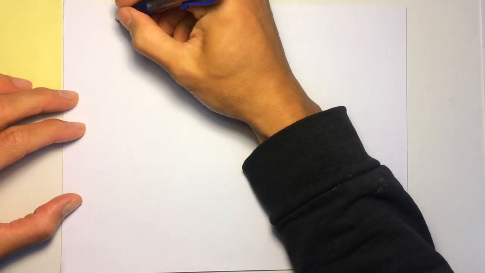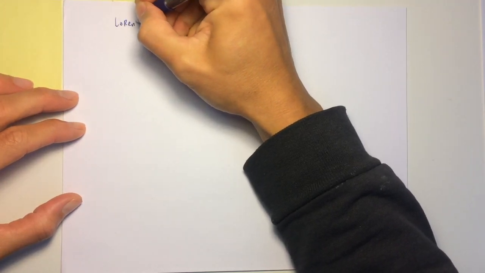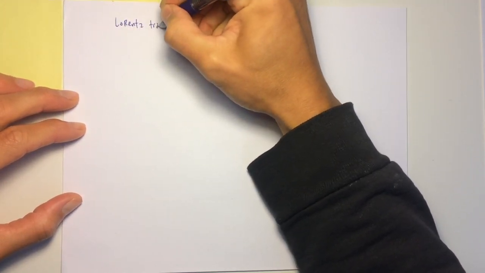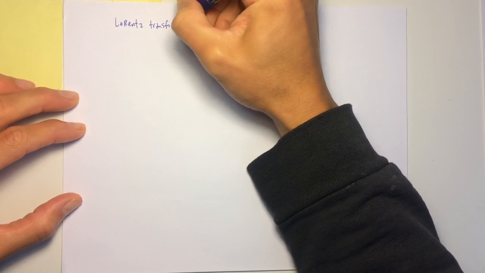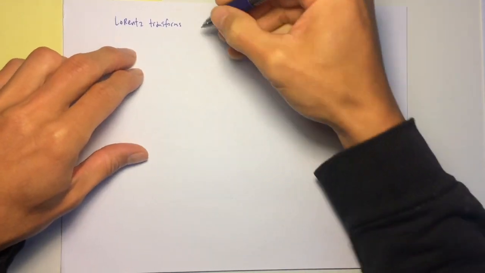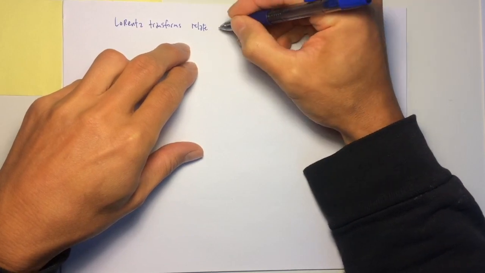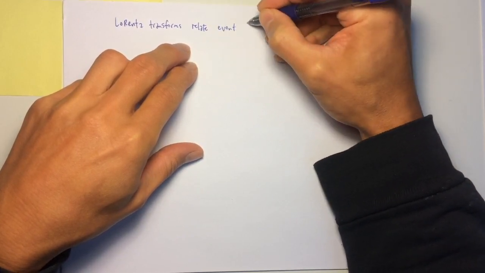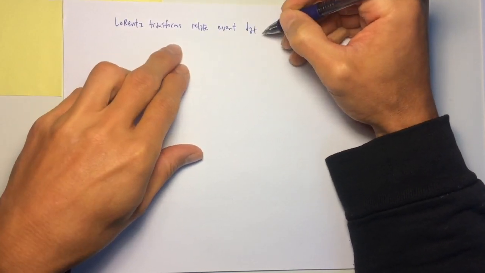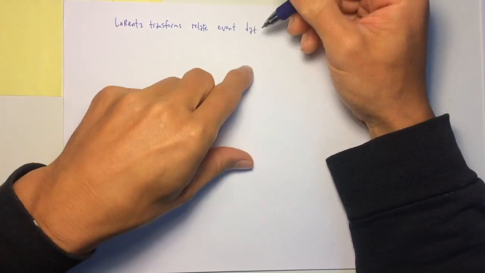So remember that Lorentz transforms tell you how to relate event data. This is Lorentz event transforms in particular.